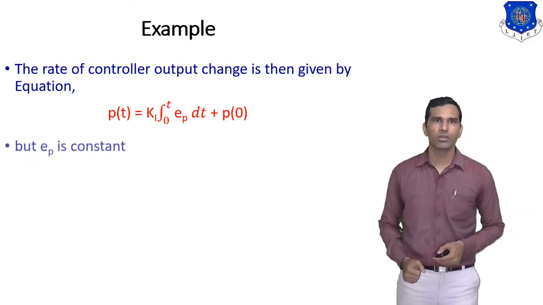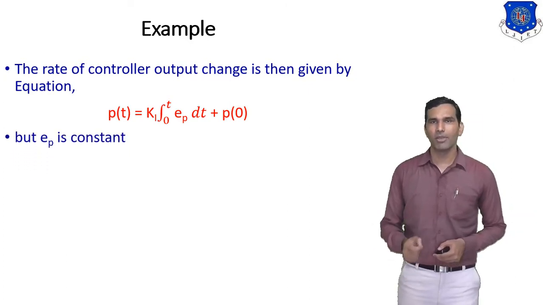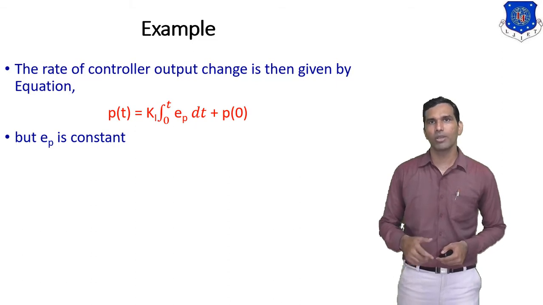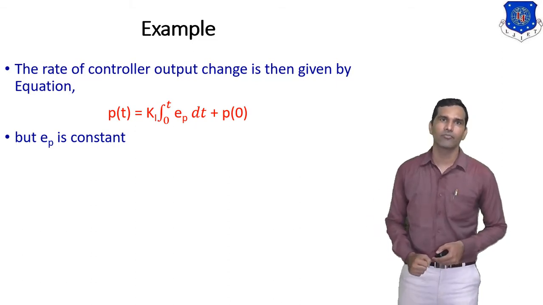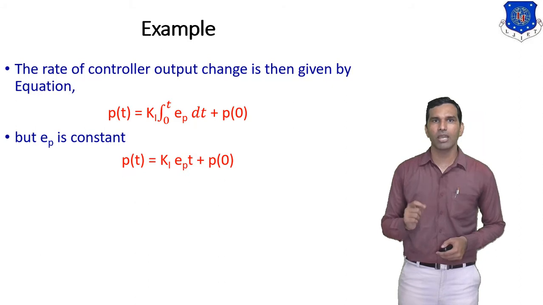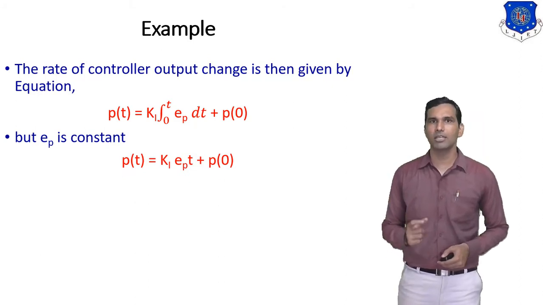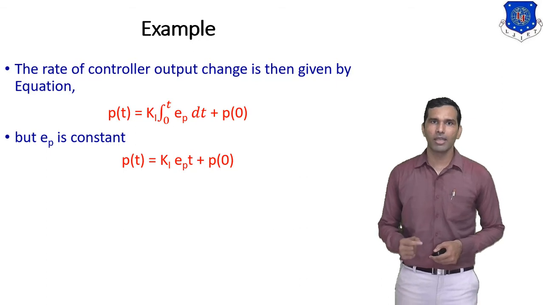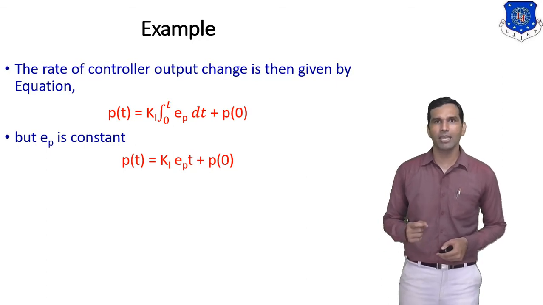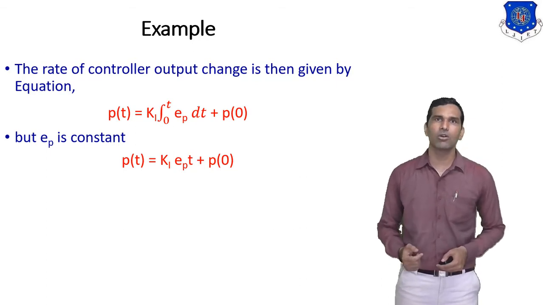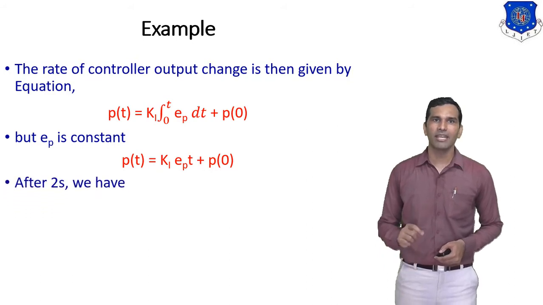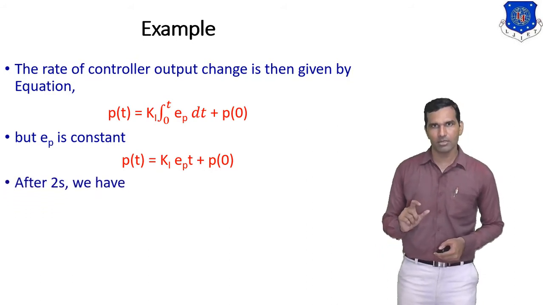Here e_p is constant, so we can write this equation as P(t) equals Ki times e_p times T plus P0. Here we have the values of Ki, e_p, T and P0, where T is 2 seconds.